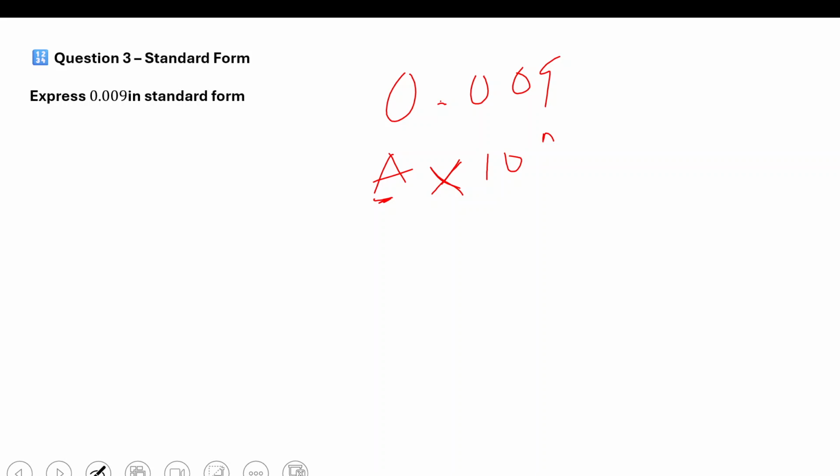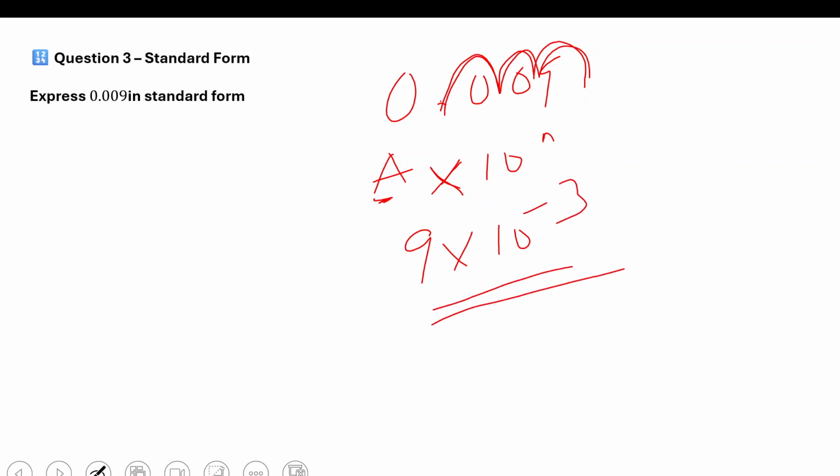If I move to the right, that is 1, 2, 3 places to the right, it means I'm going to have minus 3. So this will now be 9 times 10 raised to the power minus 3. This is the standard form for this particular expression.